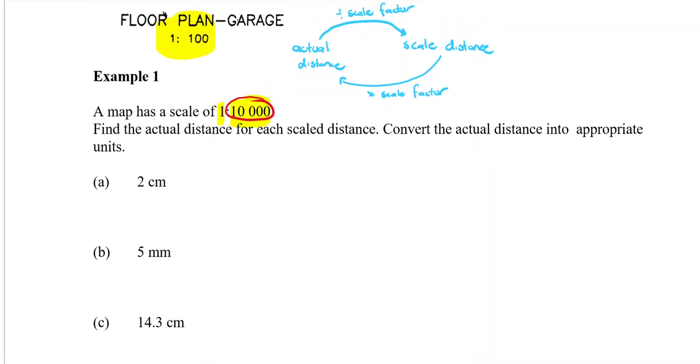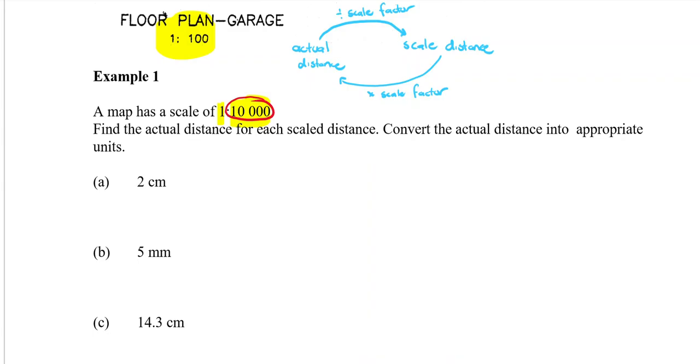Find the actual distance for each scale distance that has been given to you. Convert the actual distance into an appropriate unit. Well, we'll talk about that bit when we get to it. So because the 2 centimetres that I've been given here is a scale distance, so it's what you've got on your house plan, if you like.